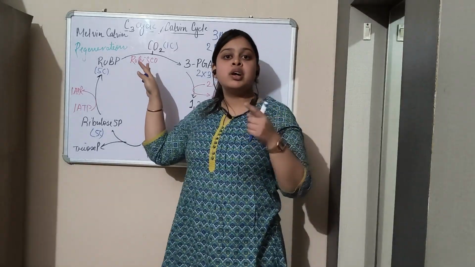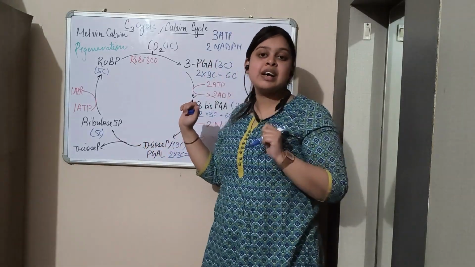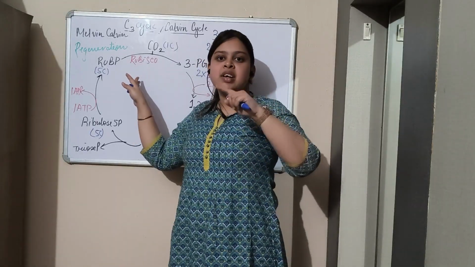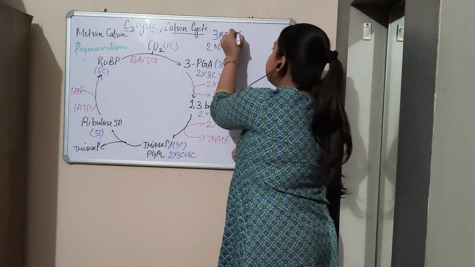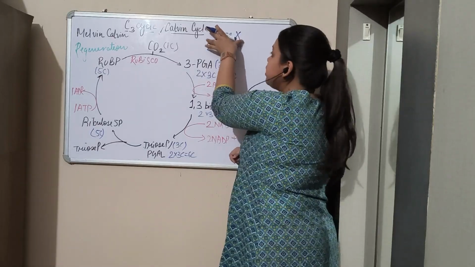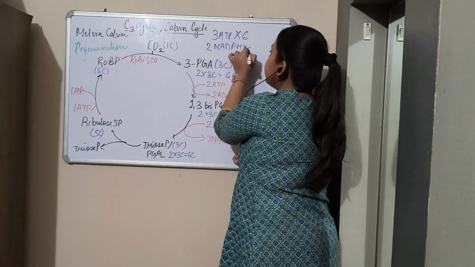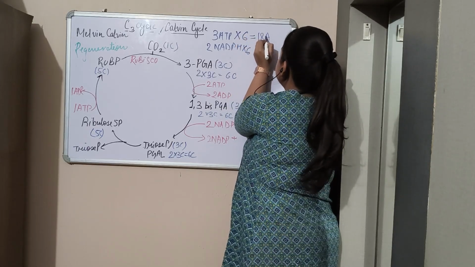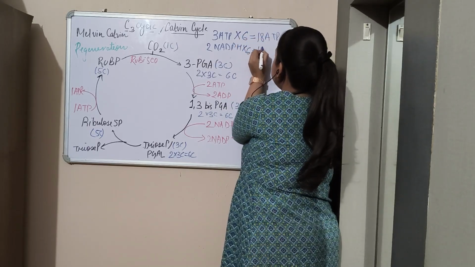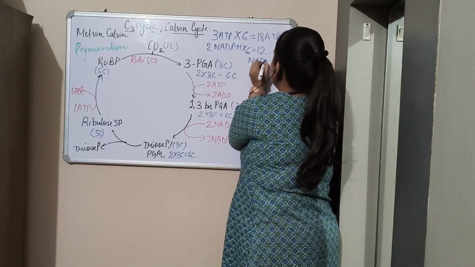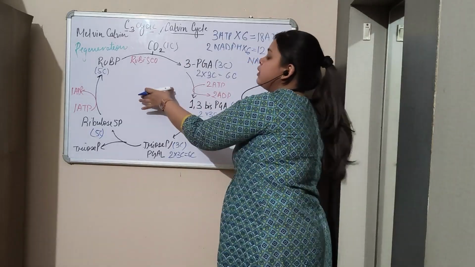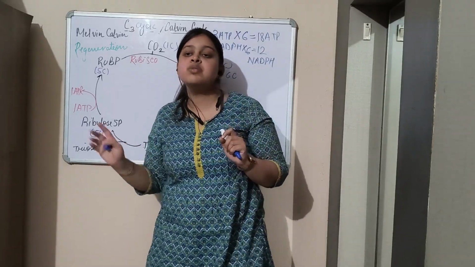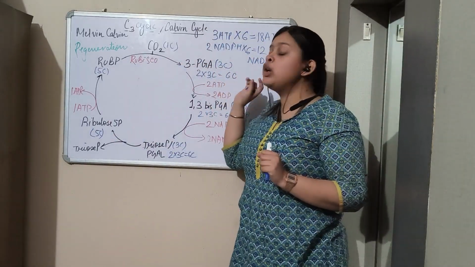But if you want to form one glucose molecule, which is a 6 carbon compound, you will have to run the cycle 6 times. So we will need 6 Calvin cycles, right? So the 3 ATP will be multiplied by 6 and 2 NADPH will be multiplied by 6 to form 18 ATP and 12 NADPH. For 6 Calvin cycles, that is for the formation of one glucose molecule, we need 18 ATP and 12 NADPH.